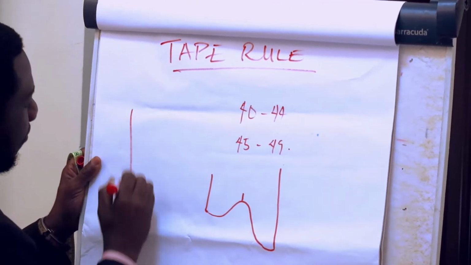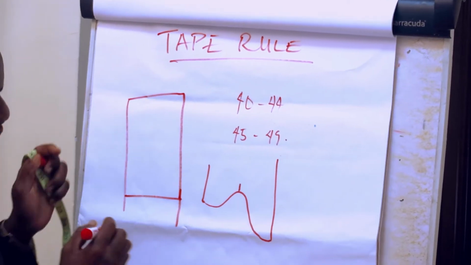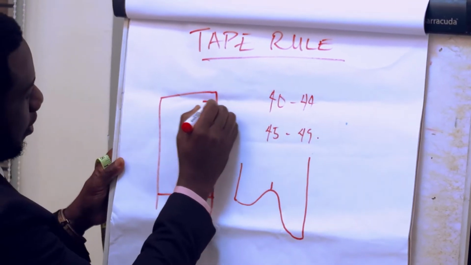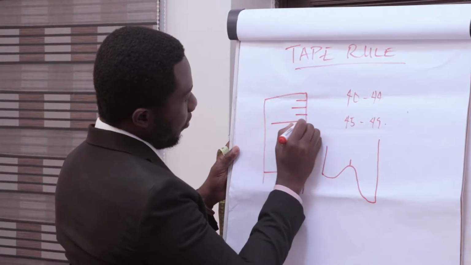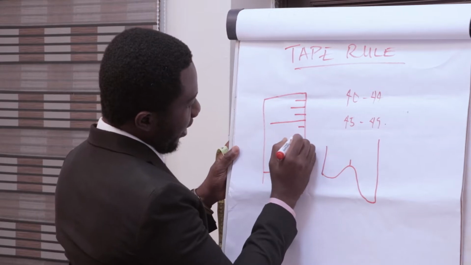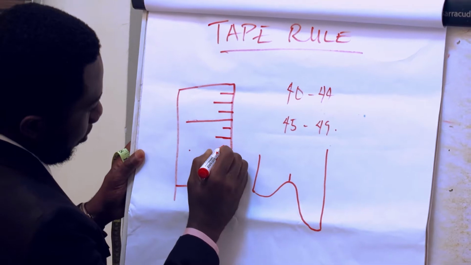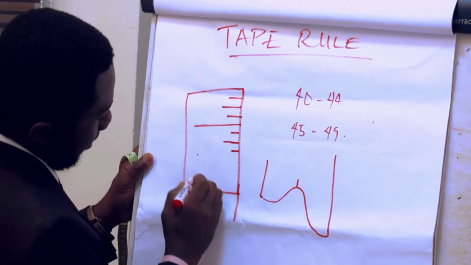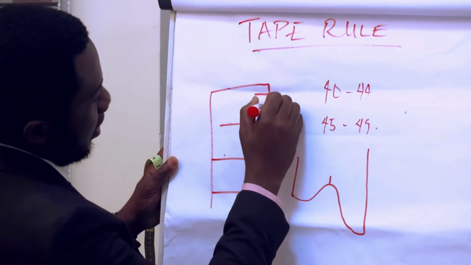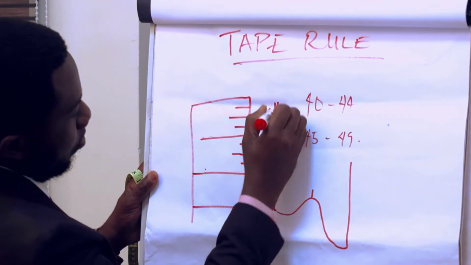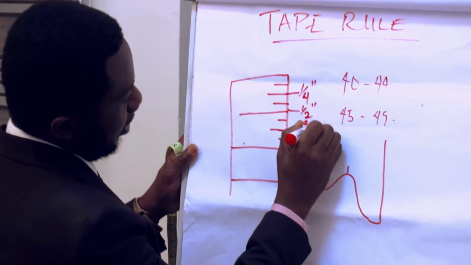For every inch in a tape rule, you have 8 points: point 1, point 2, point 3, point 4, point 5, 6, 7, then 8. 8 is the 1 inch mark. So this is usually the 1/4 inch mark. This is the 1/2 inch mark. This is the 3/4 inch mark.